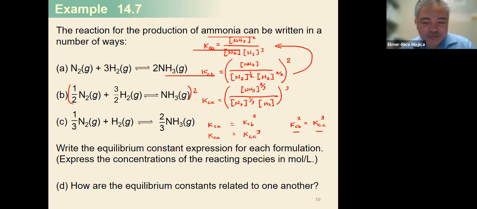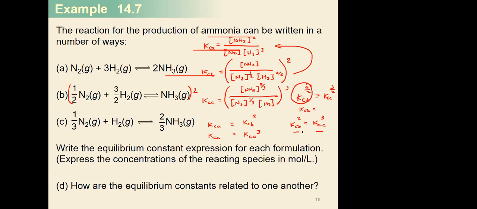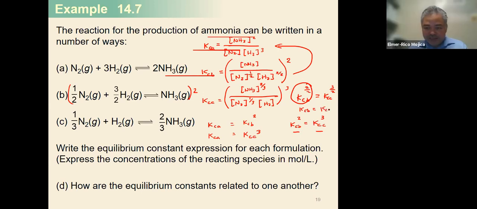So how can we express it as just a KC and the other one with respect to the other one? So all you need to do is maybe KCB 2/2 equals KCC 3/2, because we try to simplify. So KCB 2/2 is equal to what? 1. KCB. And this one becomes KCC 3/2. So that's the relationship between the two.